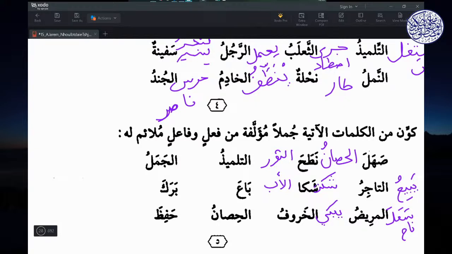Just leave it like that. ذبح. No, because unless you're saying the lamb slaughtered, we need the lamb to be the fa'il here. Oh, نعم نعم. So yakulu, yabki, يشرب.